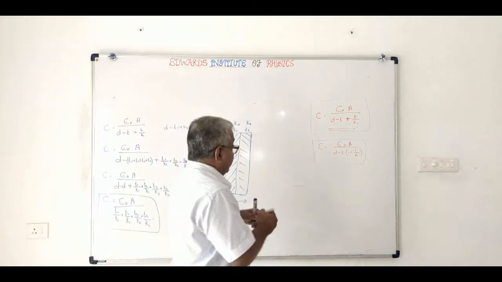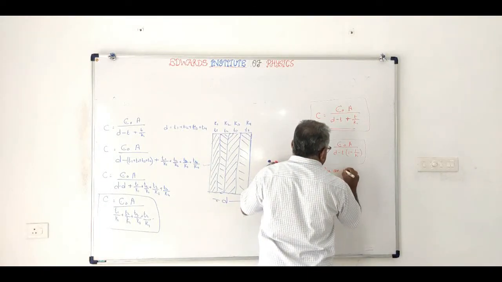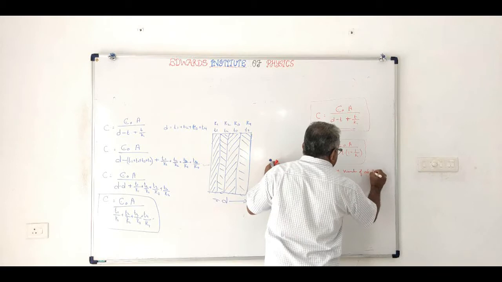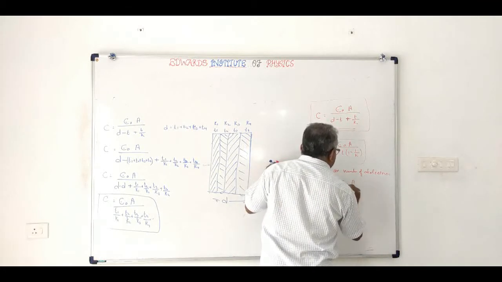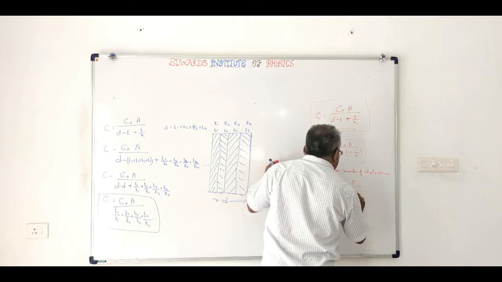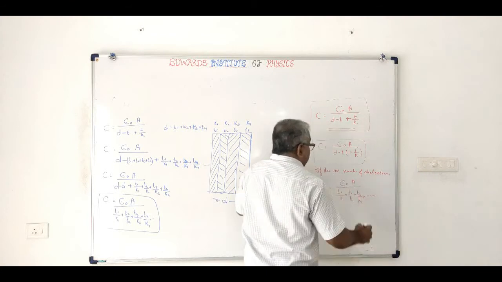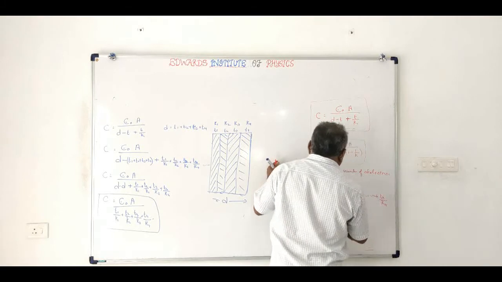So if there are a number of dielectrics, then C will be equal to epsilon 0 A by T1 by K1 plus T2 by K2 plus T3 by K3, like that it follows, plus Tn by Kn. This is another formula.